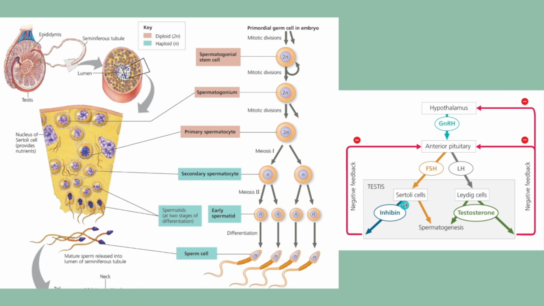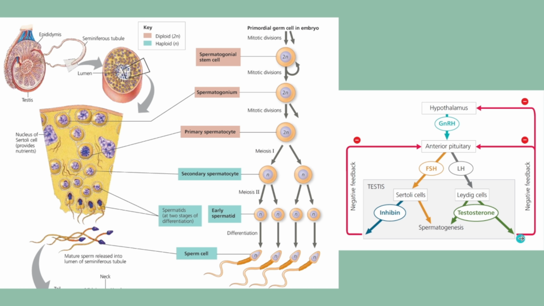And then there is another hormone we call luteinizing hormone, which causes the Leydig cell to produce testosterone. So this is a male hormone, right? Testosterone promotes spermatogenesis in the tubule here. This is the role of FSH and LH.